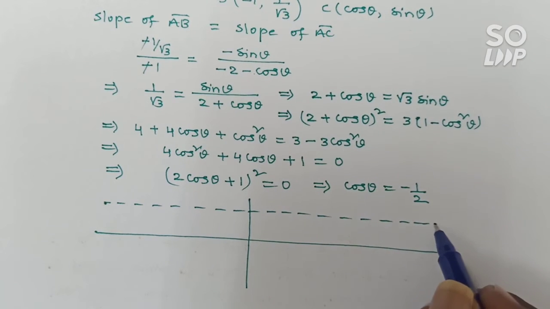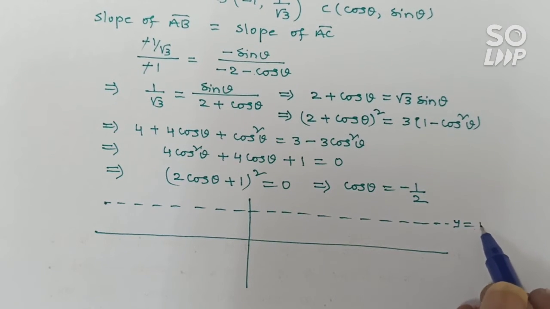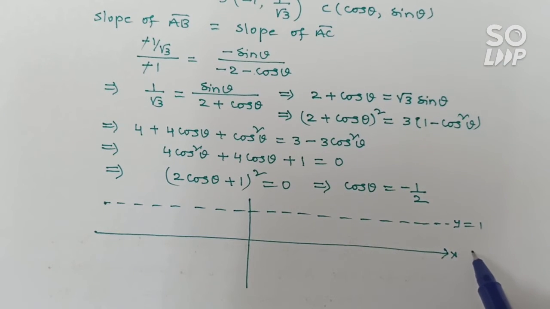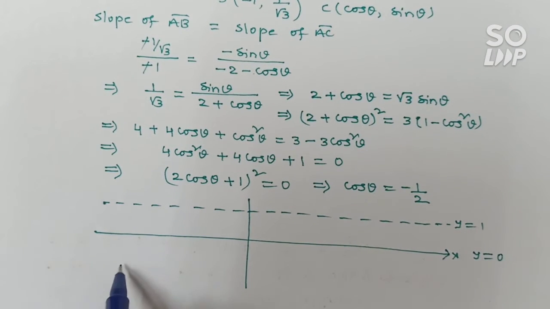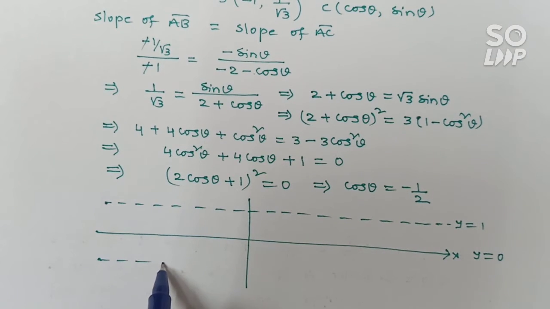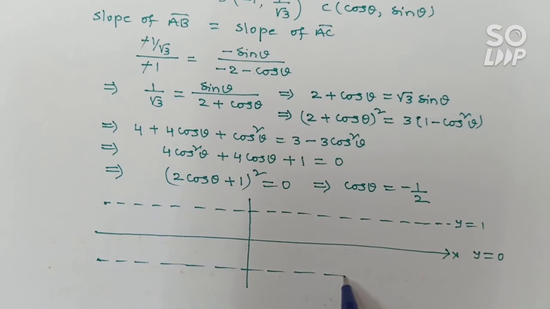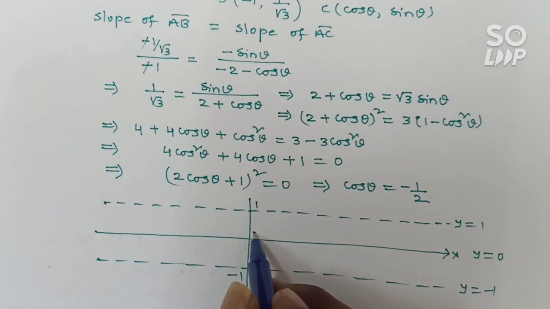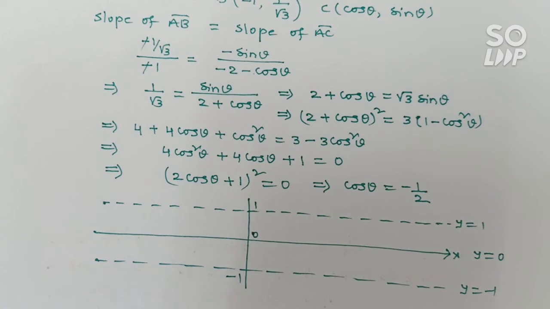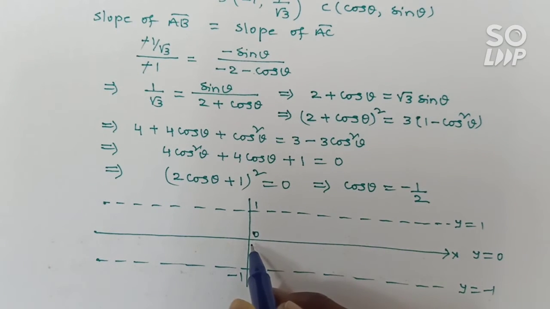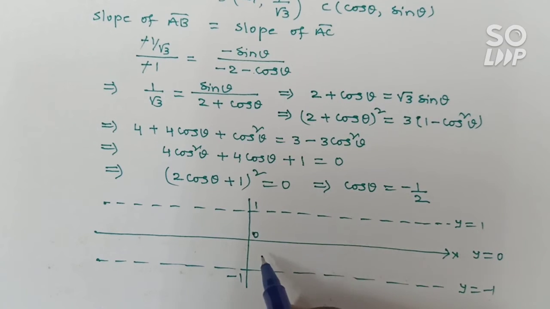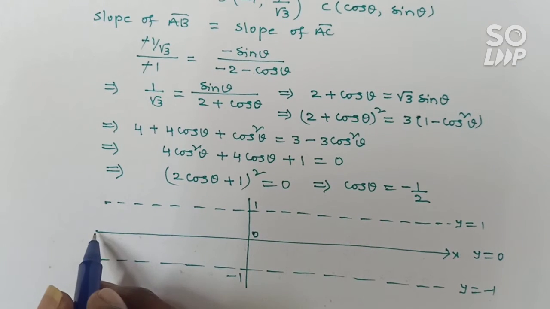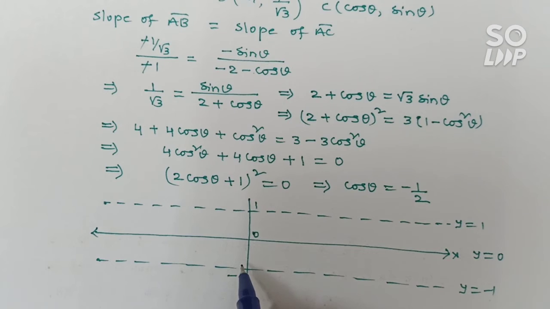This is the x axis, so y is equal to 0. Then you draw one line at y is equal to minus 1. This is the origin. So now you tell me the graph of cos x, for cos theta. First of all, cos will be intersecting the x axis at what points?